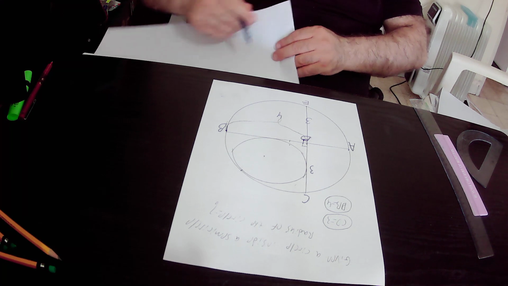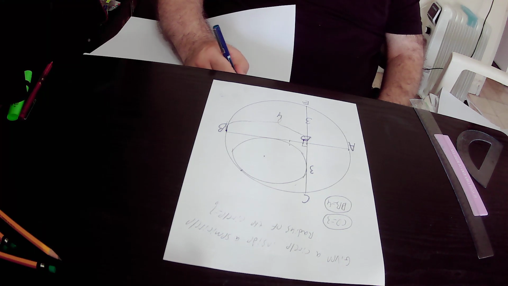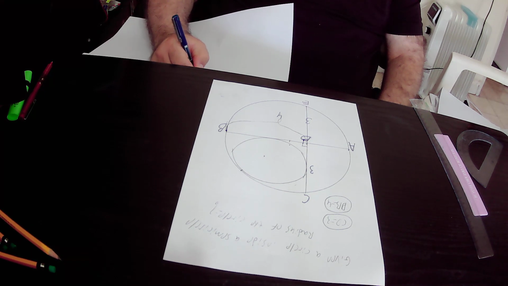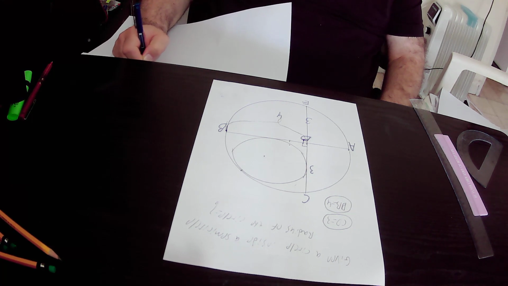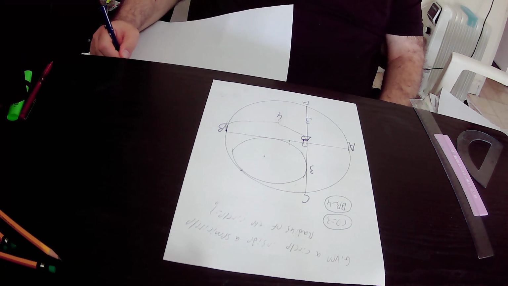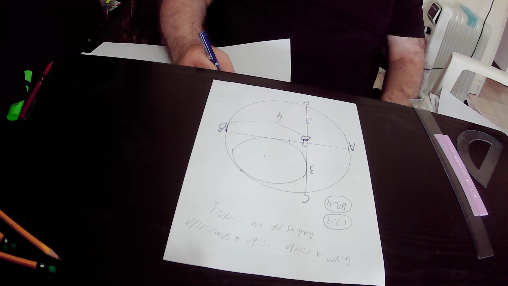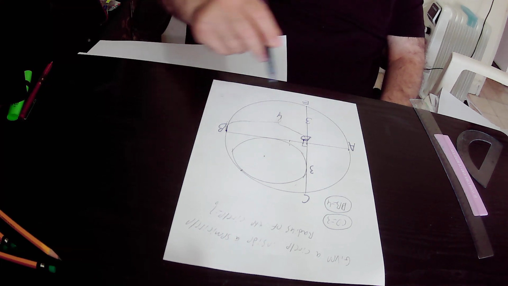In our original drawing we have chord AB intersects with chord CE at point D.